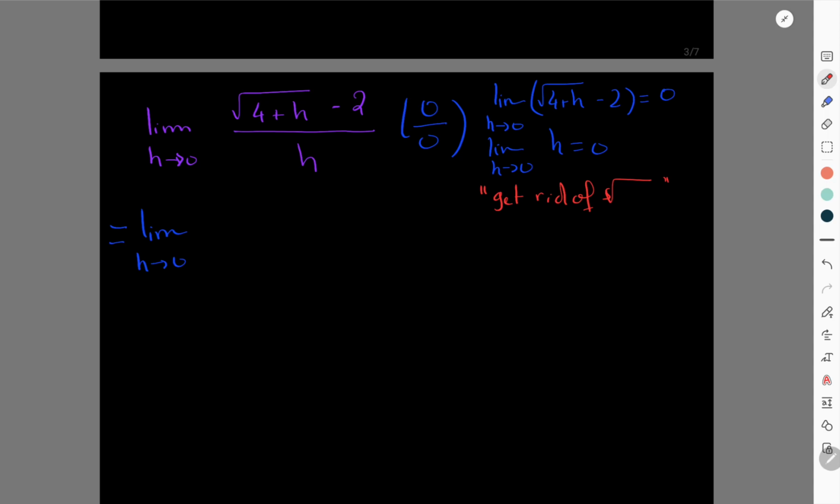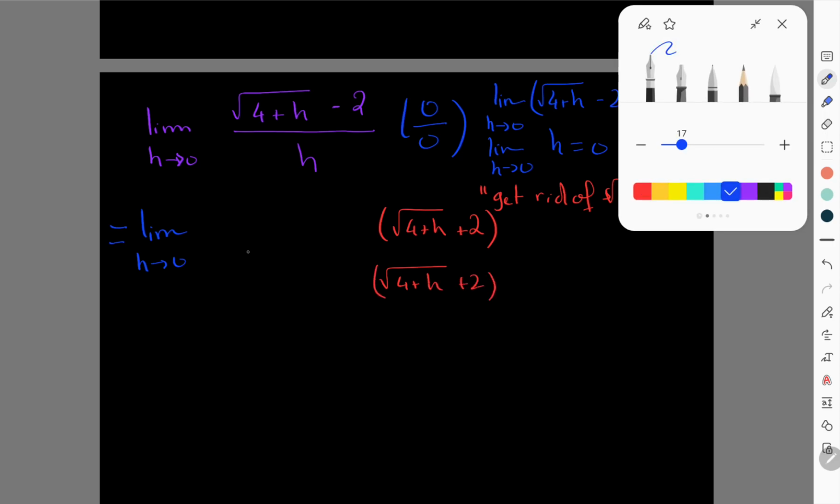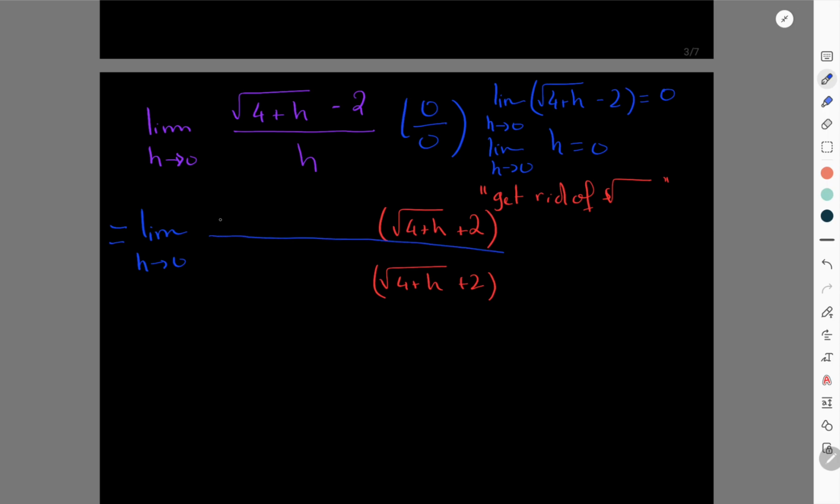So what we can do here is multiply by what we call the conjugate. If I multiply by something on the top, I have to multiply it on the bottom, so that I don't change my fraction.